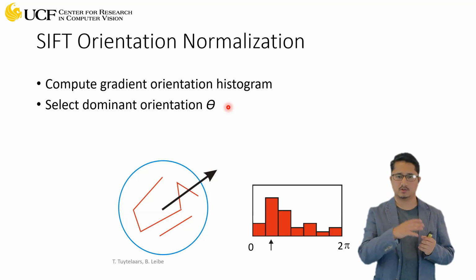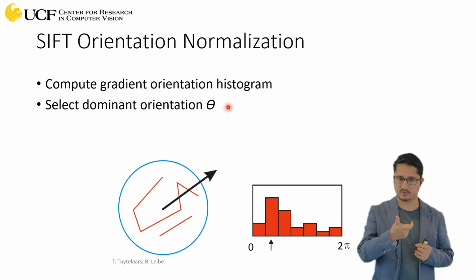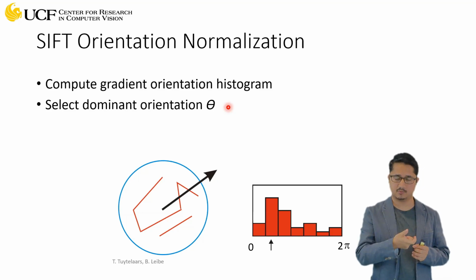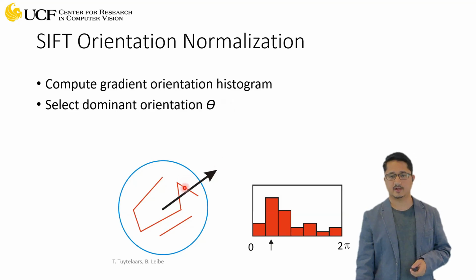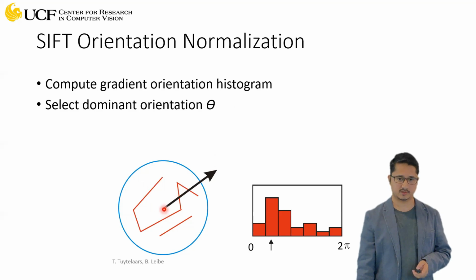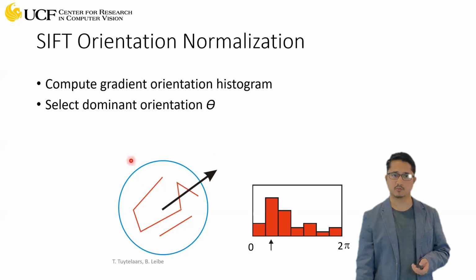To take that into account, whatever orientation your algorithm has detected for a key point, you use that to normalize all the key point locations. The idea is, let's say you have this key point location and the most dominant orientation was in this direction.